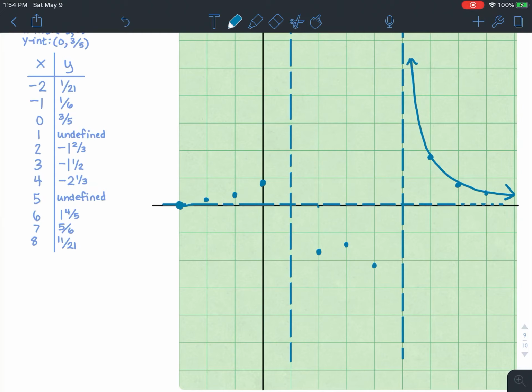You're going to learn more about rational graphs and rational functions in pre-calc, and then again in calculus. And I'm going to address this x-intercept in just a minute because I know you've got questions on it. My iPad keeps slipping out of my hands.